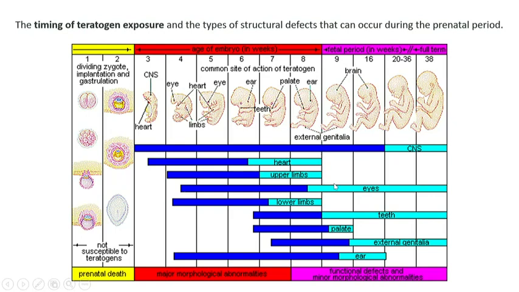It's still growing, but as far as the effects of teratogens on the heart, that can only occur between 3 and 8 weeks. Same thing, approximately, with the upper limbs, the palate, the ear, and external genitalia. So major morphological abnormalities occur in the first 7 or 8 weeks, after which you're not home free, but you're looking at functional defects and minor morphological abnormalities.